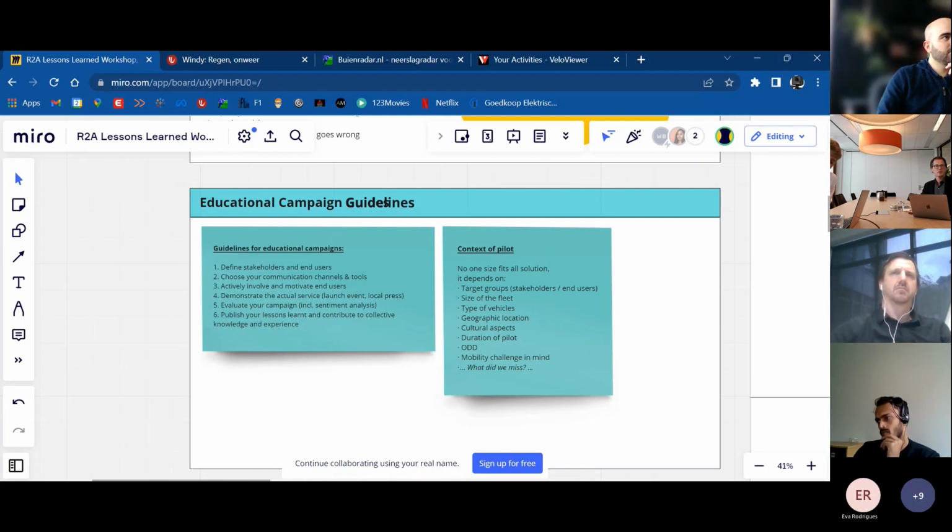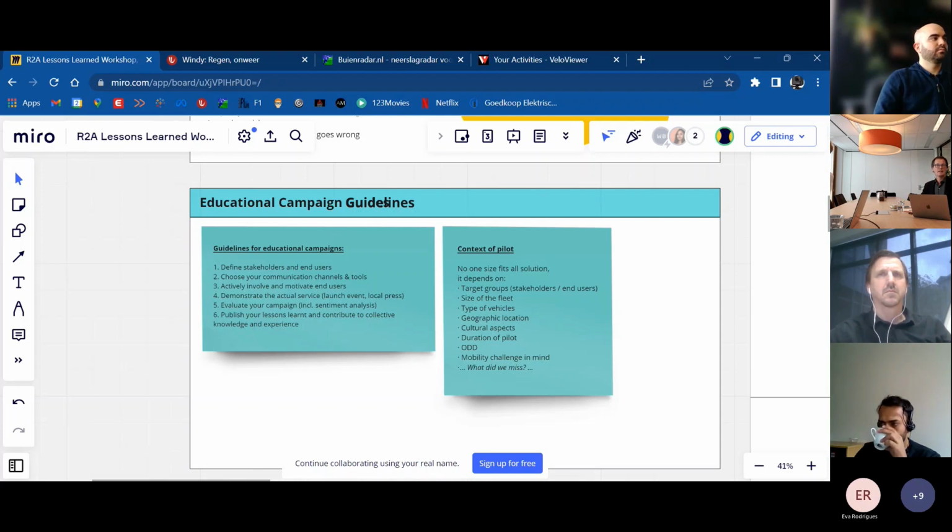In order to do so, you have to actually demonstrate it. Of course, you can communicate about it and tell them about it and have a press release, but it's always more powerful to actually show it. And you can, of course, organize a launch event or involve the local press.